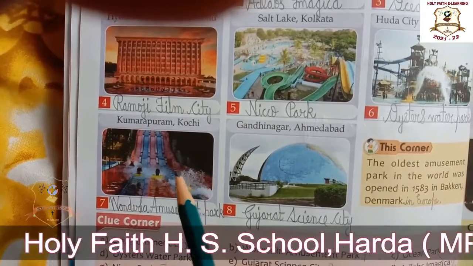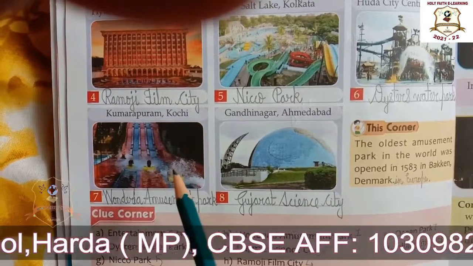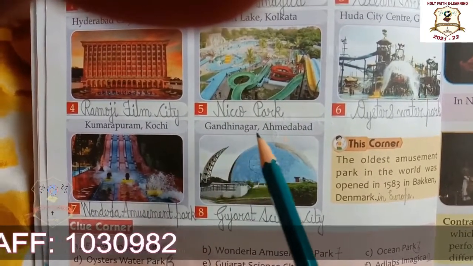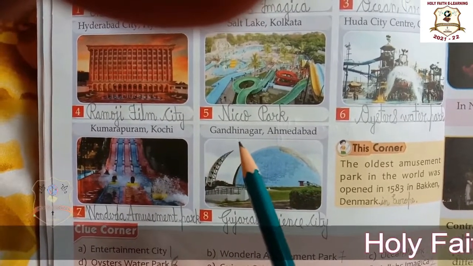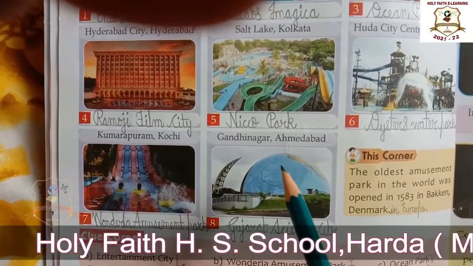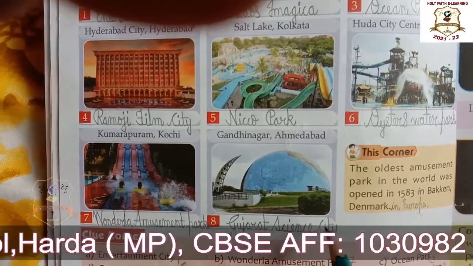This is Wonderla Amusement Park. Understood now? Next, Gandhinagar, Ahmedabad. What is the name of the amusement park here? Gujarat Science City Amusement Park.